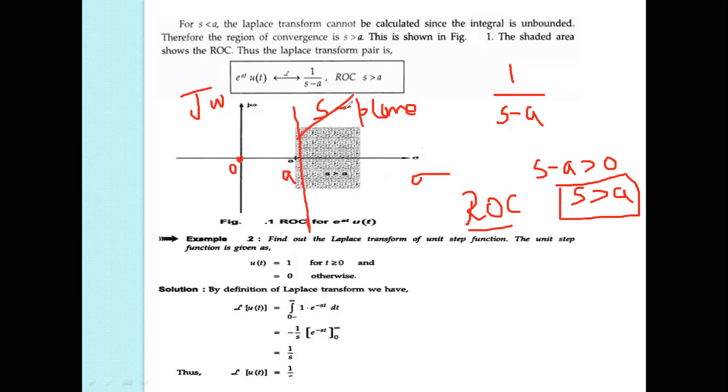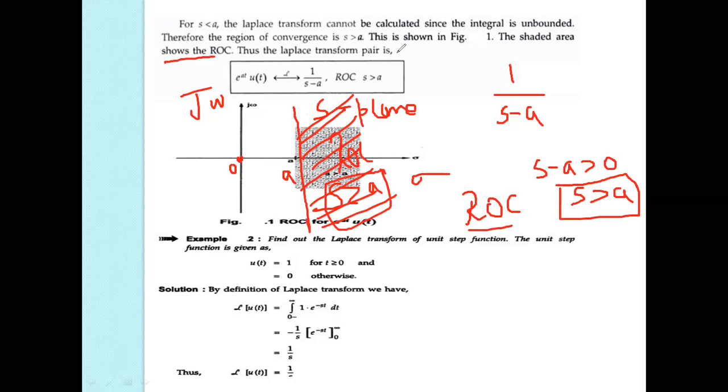Above the a value, the total is the region of convergence. The shaded area we have here is above a. Therefore the region of convergence is s greater than a. The shaded area shows the ROC.